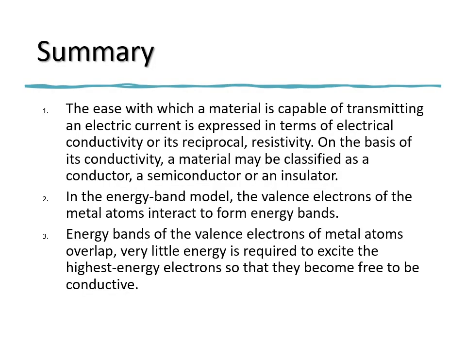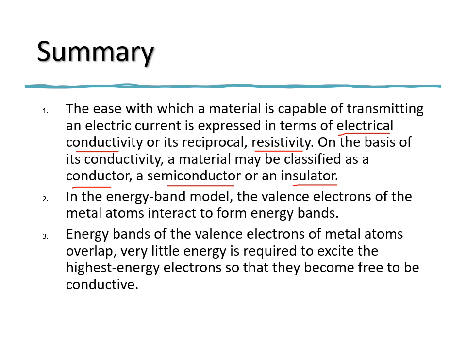And the summary. The ease with which a material is capable of transmitting an electric current is expressed in terms of electrical conductivity, or its opposite, resistivity. On the basis of conductivity, a material may be classified as conductor, semiconductor, and insulator.